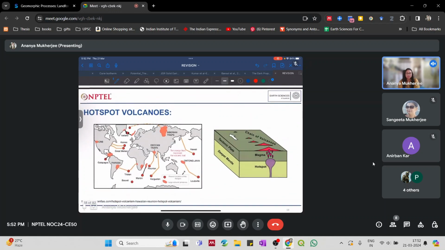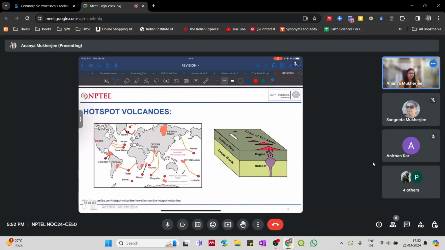Next we have the hotspot volcanoes. Hawaii, as we know, the chain of Hawaiian islands is formed because of hotspot volcanoes. Because of the movement of plates over the mantle, over the asthenospheric part, there are few places where there are constant hotspot plumes present.